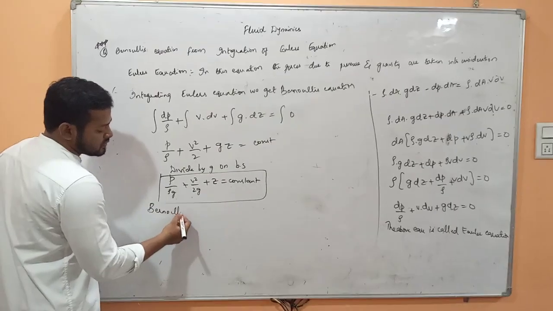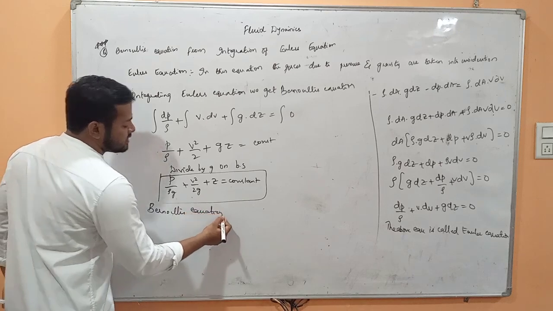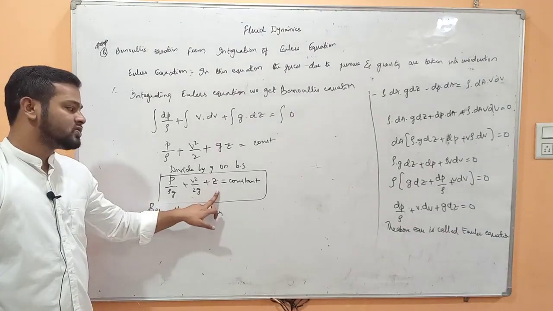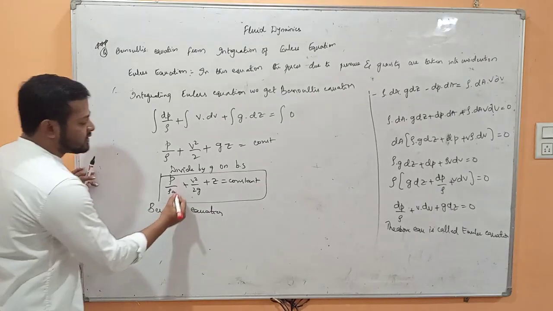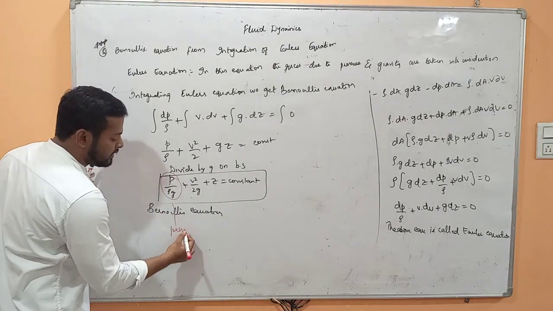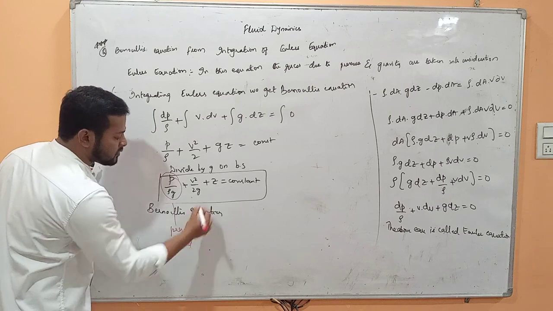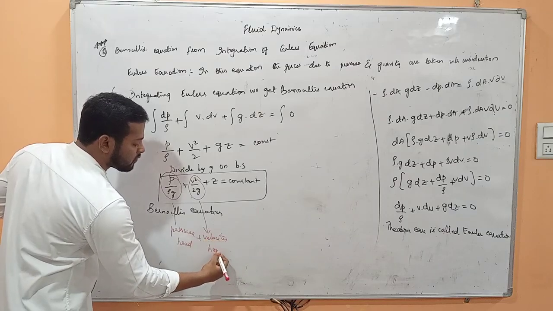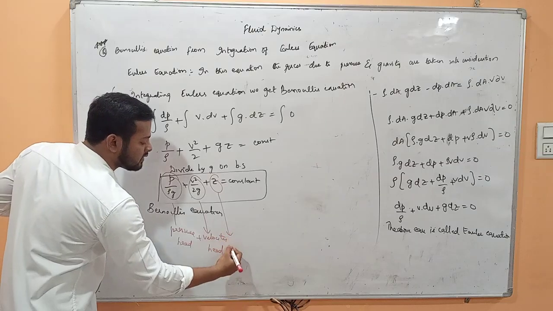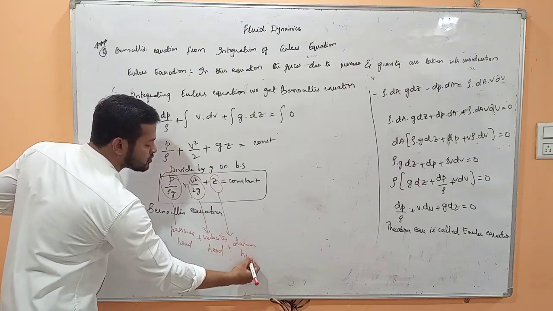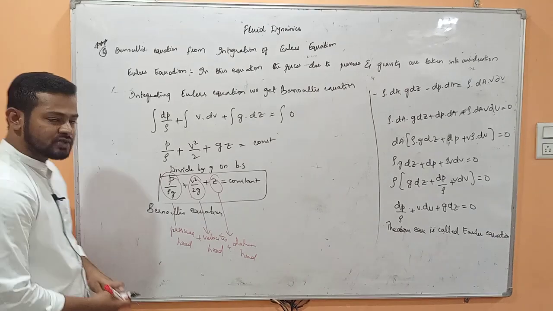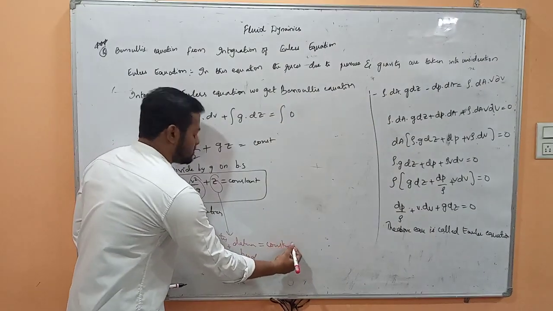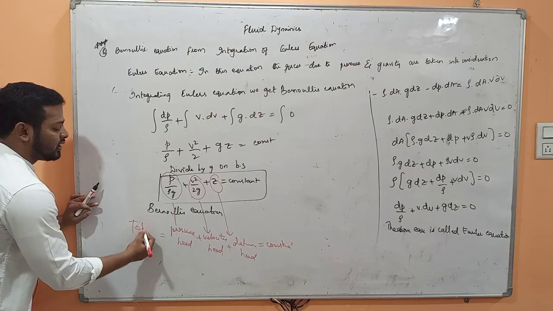The term P by rho g is called pressure head, V square by 2g is called velocity head, and z is called datum head. Euler's equation is defined as: the sum of pressure head, velocity head and datum head at any point is constant. All together this is called total head.